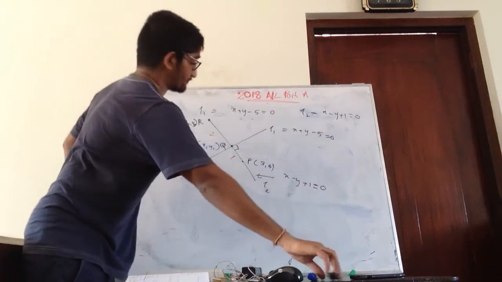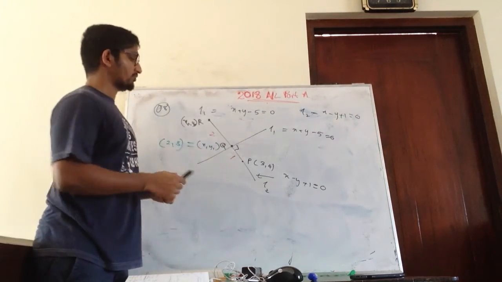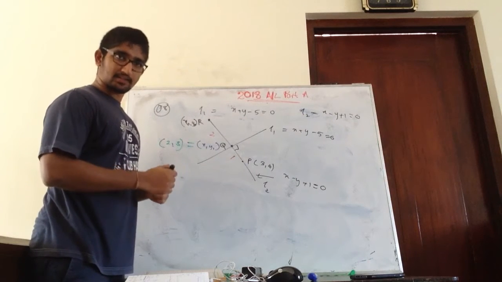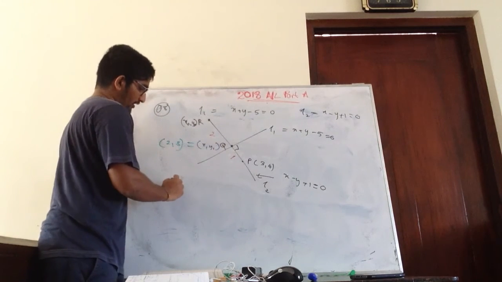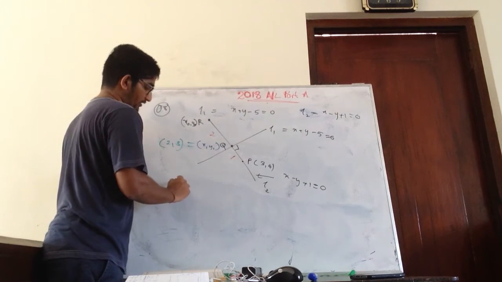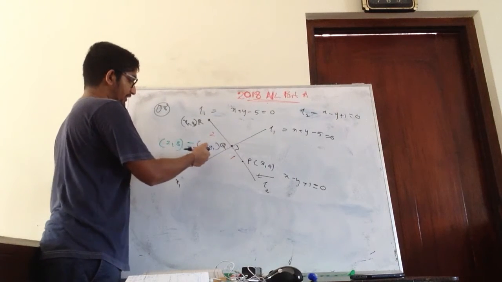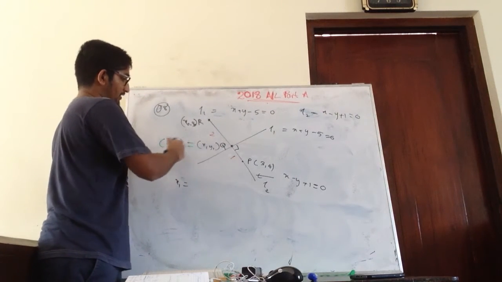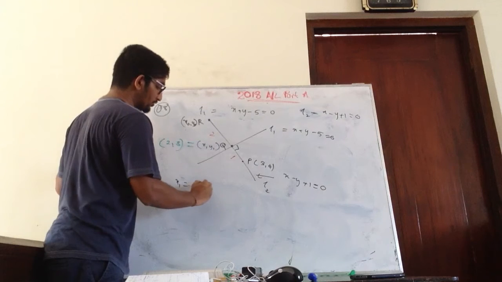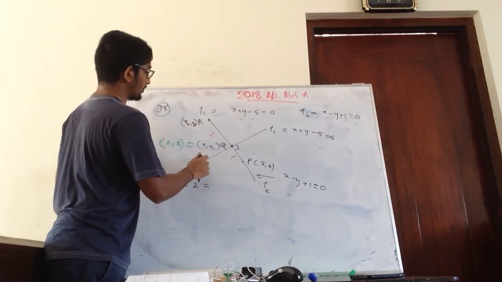Right, so now I'm going to consider this as an internal divider. The x value for the Q point, Q2, will be equal to what?